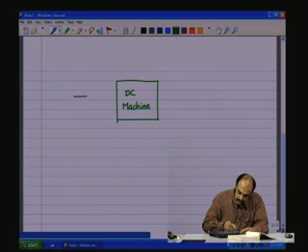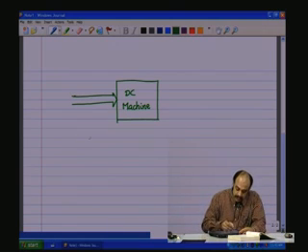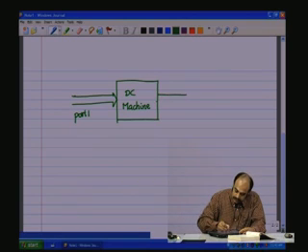There is going to be energy which flows into the machine through one port, which we will call port 1, and energy flows out through another port, and that is called port 2.